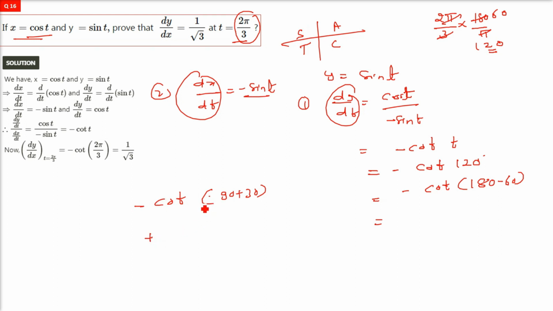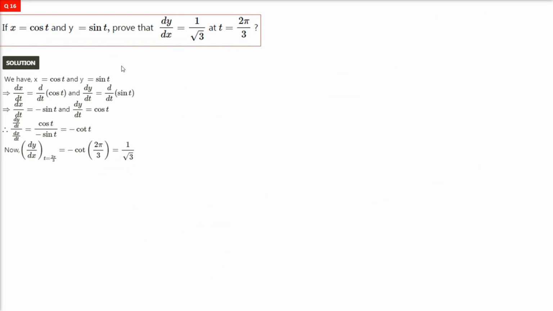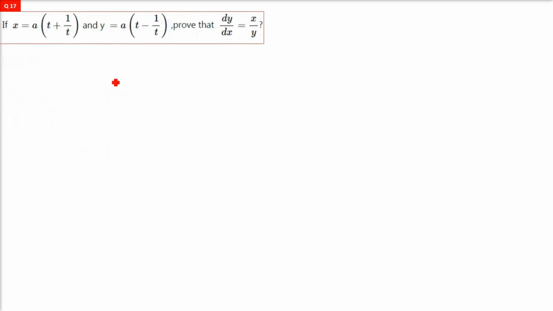So cot of 90 plus theta will be negative, and it will be tan. So tan 30 it will be. And tan 30 we already know is 1 by root of 3. So negative 1 by root 3. This gives positive 1 by root 3, because the negative will come out.